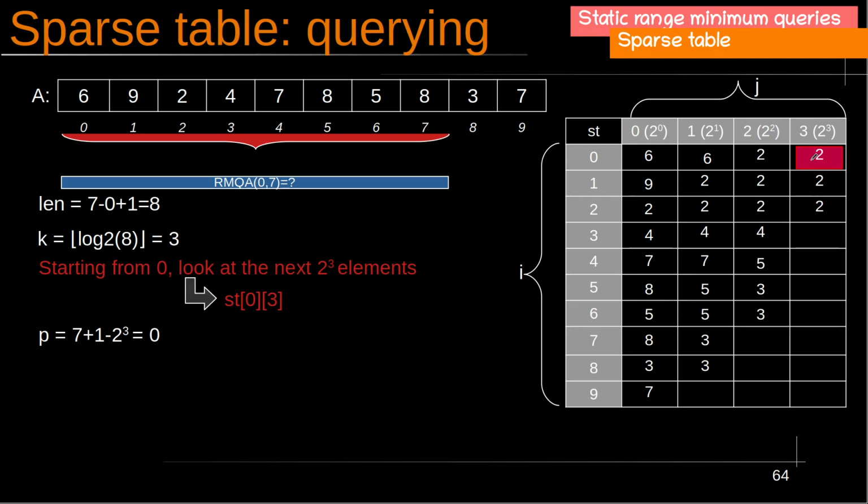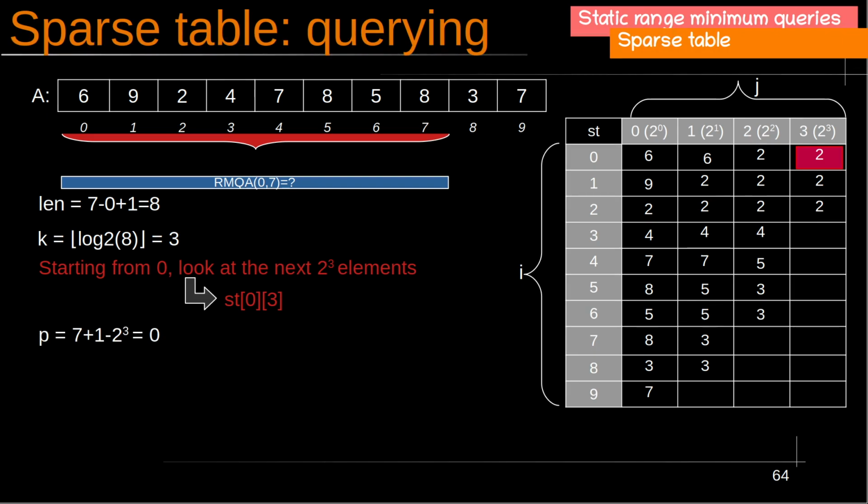And we have to find the position that starts from that position. We have to take 2 to the power 3 elements and end at position 7. So from P to 7 we must have 2 to the power 3 elements.